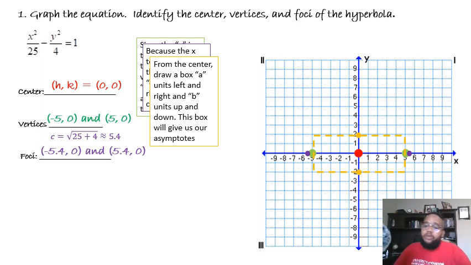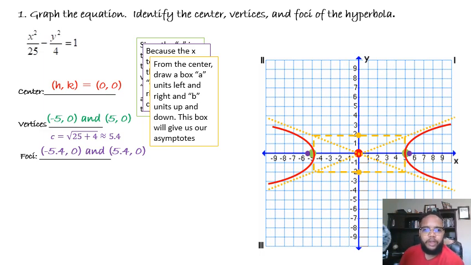Now, the reason we draw this box is actually to draw our asymptotes through the corners. So you're going to draw a big X in the middle of your graph that goes through the corners of the box. Now that we have that, our graph will go through the vertex and along those asymptote lines. Just like that.